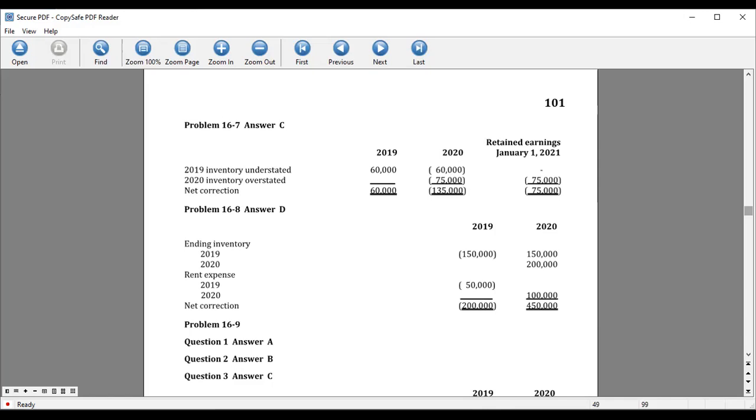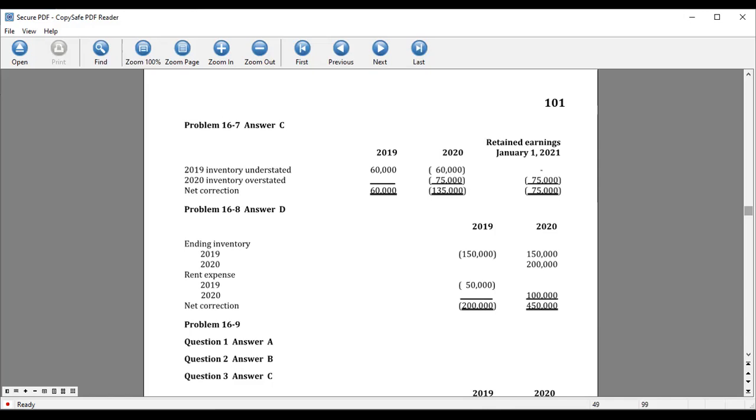But take note that these two items stated, the ending inventory and the rent expense, even if not detected or corrected, will just counterbalance.